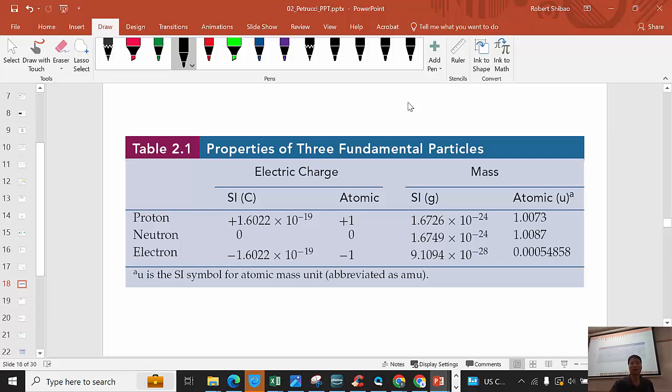Somehow we need a conversion factor to go from grams to U. The conversion factor is super easy to remember because do you remember Avogadro's number to 4 sig figs?